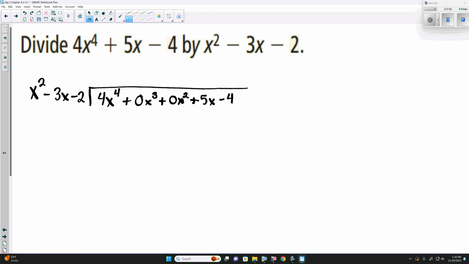Because again, we have to have every term. Since x to the fourth was our first term, it means we have to have an x cubed, x squared, x, constant. Since x cubed and x squared were missing, we add them back in with zeros.